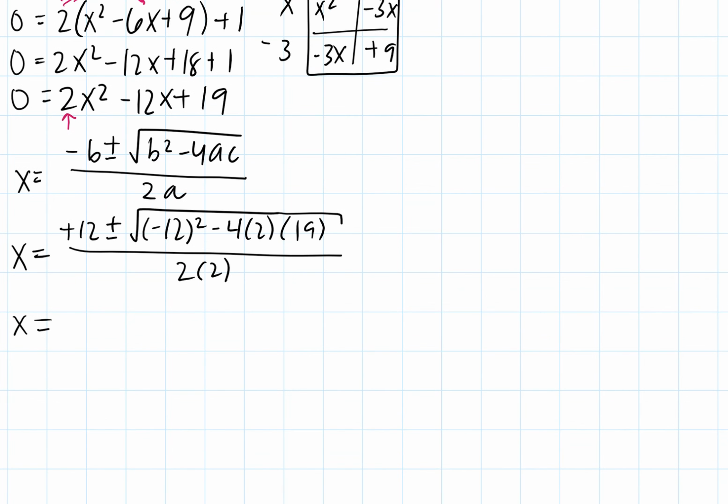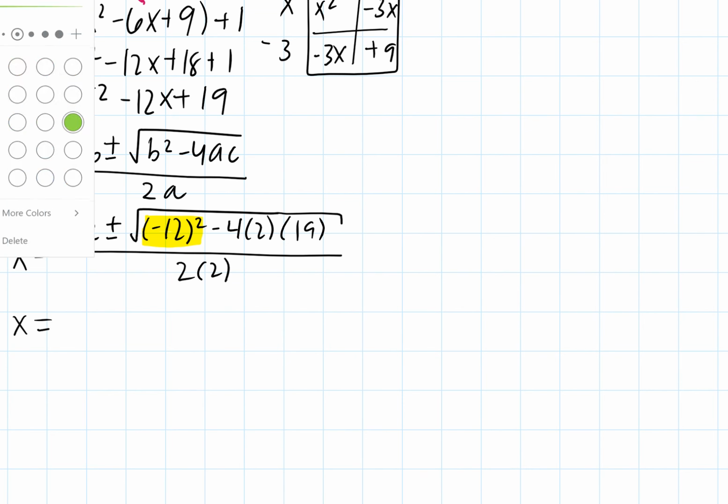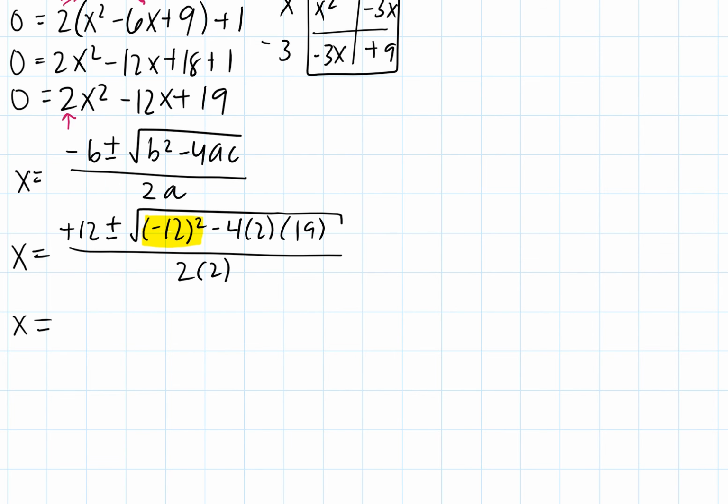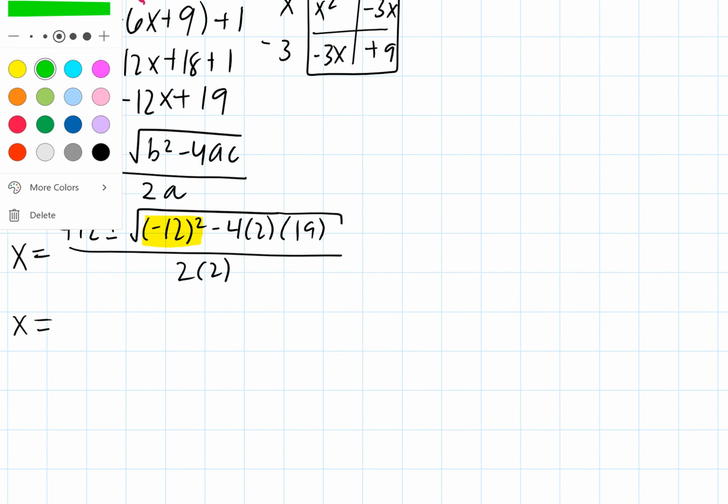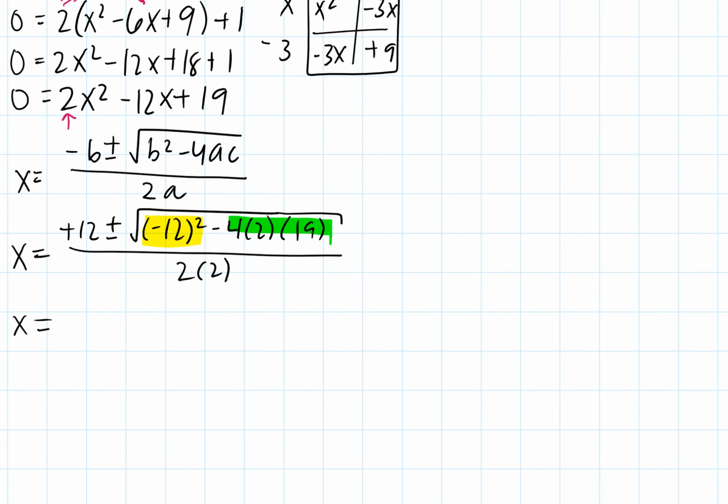Let's deal with what's inside the parentheses first. Again, PEMDAS tells us we have to deal with exponents and multiplication. I'm going to leave that subtraction sign right where it is. I get 12 plus or minus the square root of 144 minus 4 times 2 times 19.